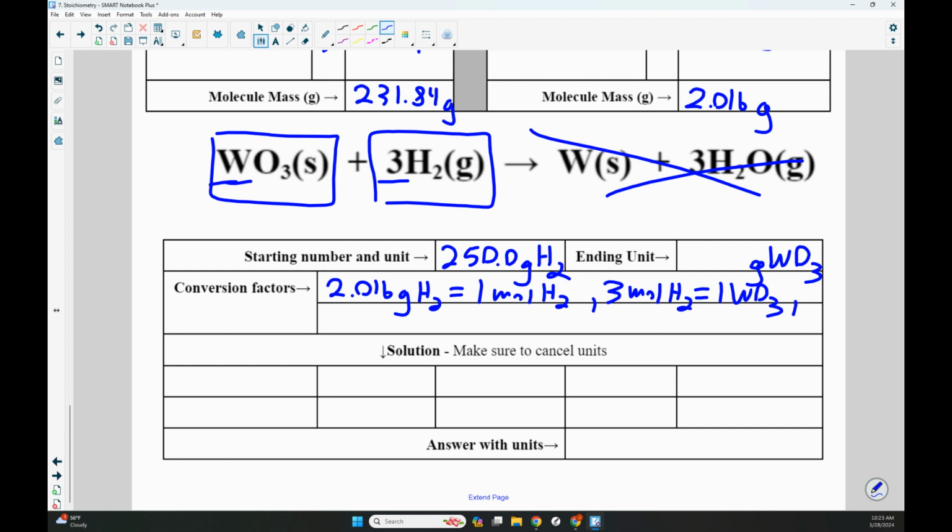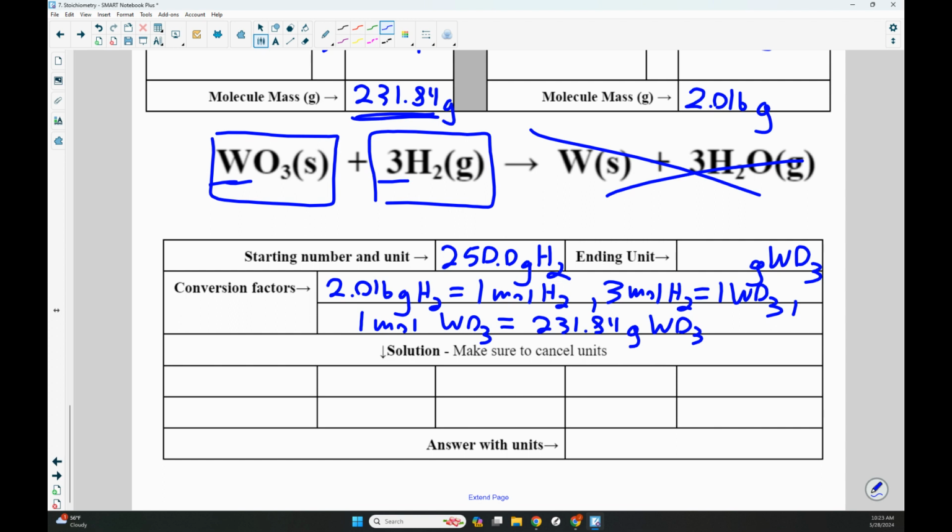Finally, our last conversion factor in this 3-step problem, we're going to have to convert from moles of tungsten oxide to grams of tungsten oxide. So we're going to use the number we calculated up here, and that is going to be 1 mole of tungsten oxide is equal to 231.84 grams of tungsten oxide.